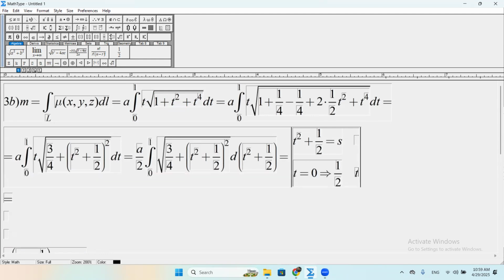When t equals 1, s equals 3 over 2. Okay.